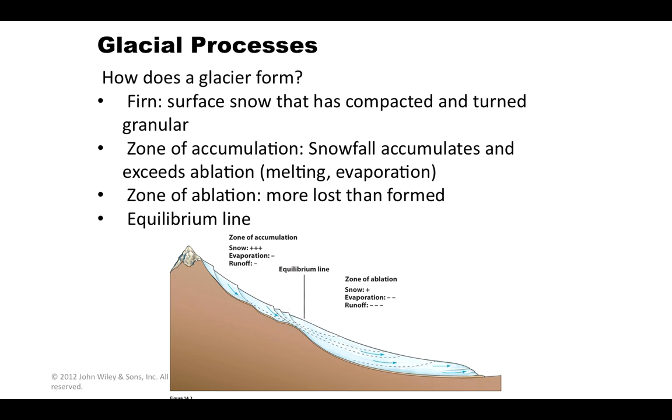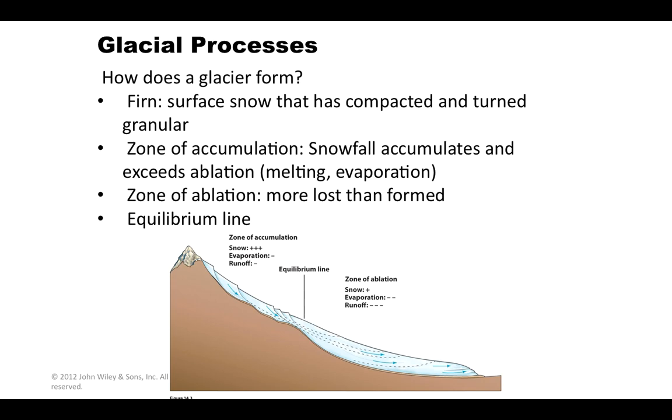It's compact, it can be granular. We have a zone of accumulation. That's where the glacier is accumulating, where it's basically building. It's collecting more snow and more ice than is melting. The zone of ablation is where it's losing more ice than it's collecting. So this is basically where it's collecting, just like when we looked at the sand dunes and we had the windward side, and that's where the sand dune was building.